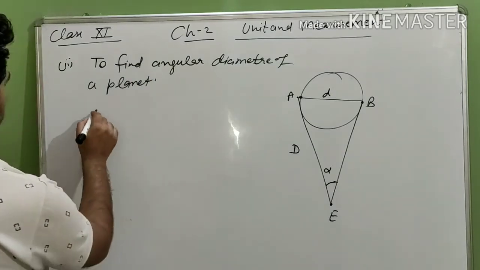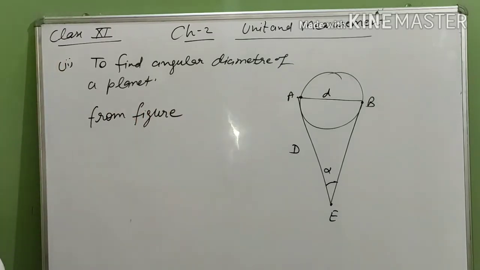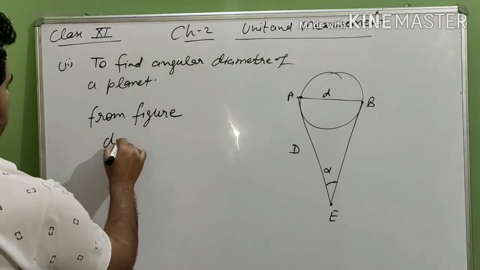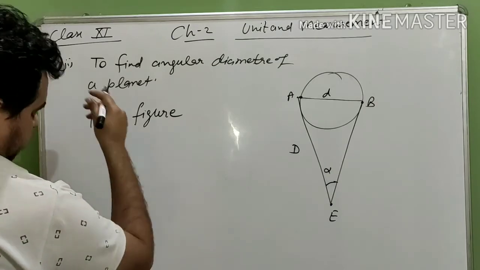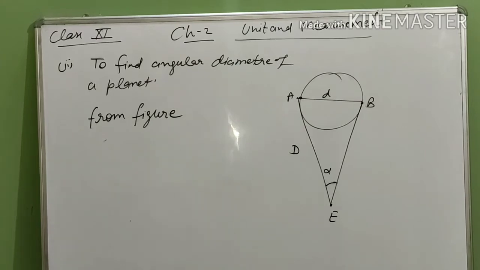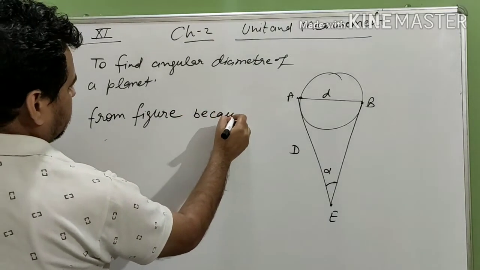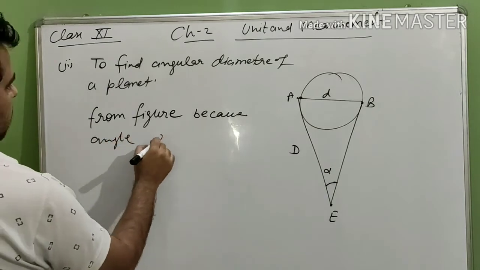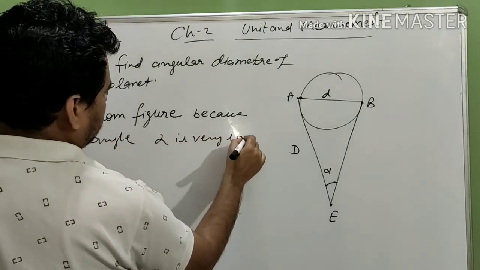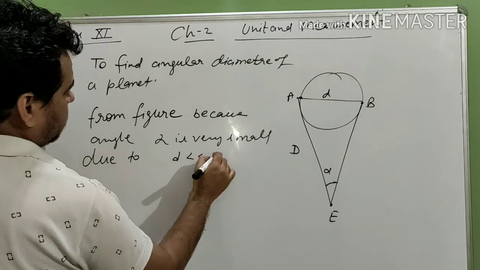So from the figure, because angle alpha is very small, small d is very small compared to capital D.